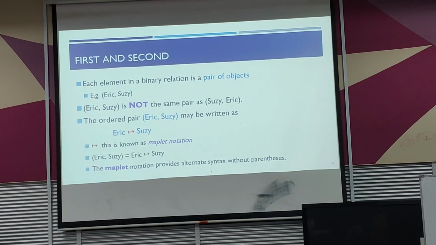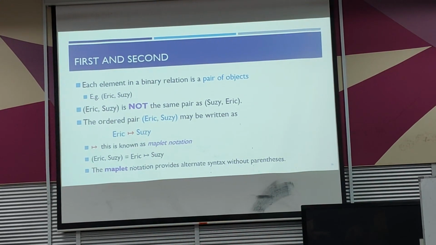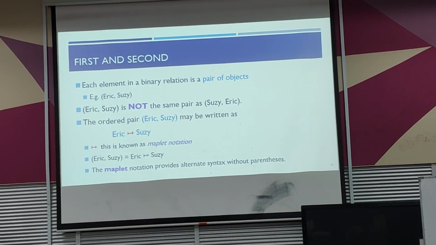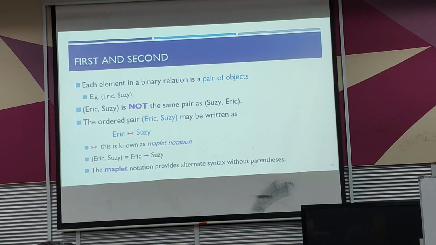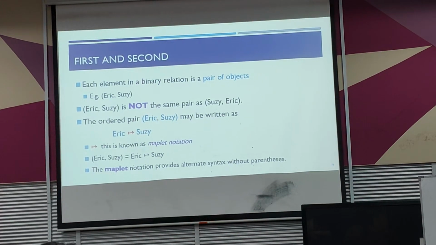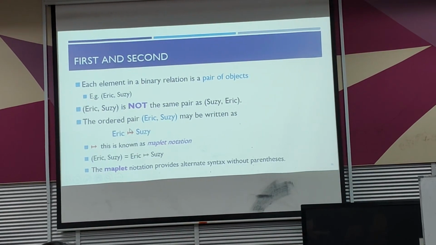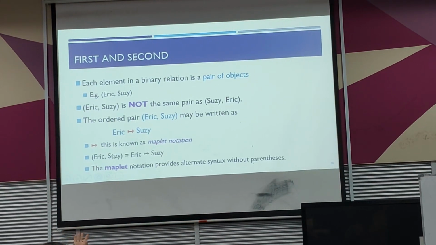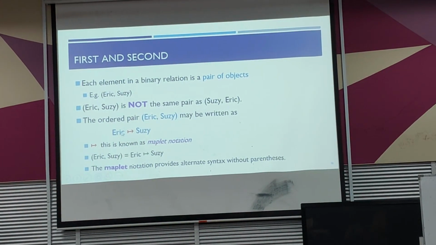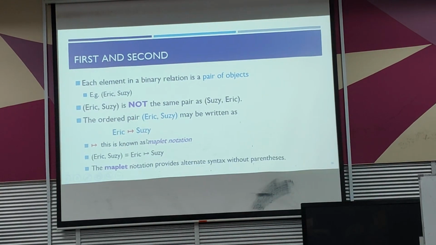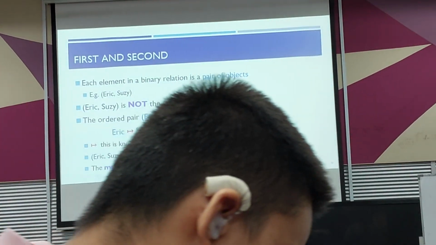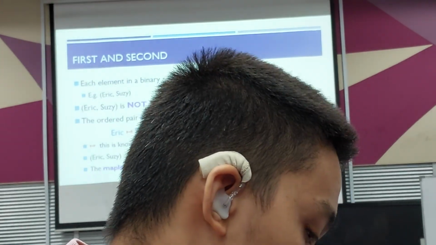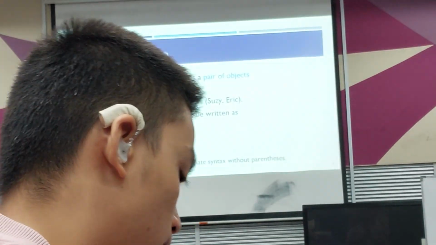What we are going to use to replace the comma, we call maplet notation. The symbol is this one. You have the arrow, different from the double-sided arrow just now. This one has a line here, then an arrow on one side. When you have this, this is first coordinate, this is second coordinate. So we call the symbol maplet notation.